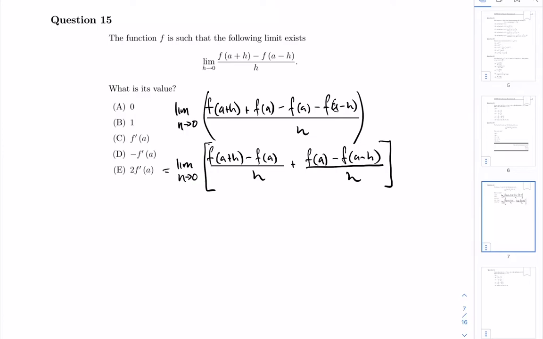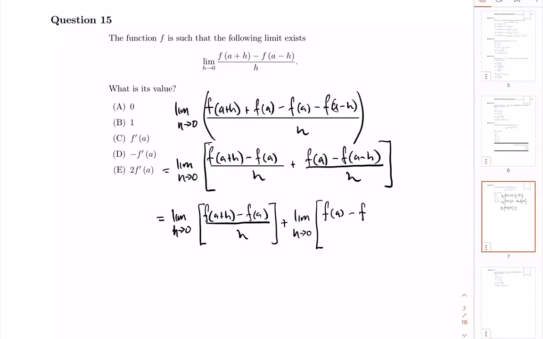By my limit law, I can distribute this limit over these two expressions. So I now have the limit as h approaches 0 of f of a plus h minus f of a divided by h, plus the limit as h approaches 0 of f of a minus f of a minus h, all divided by h.